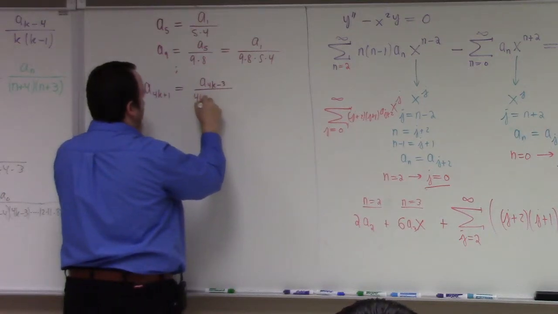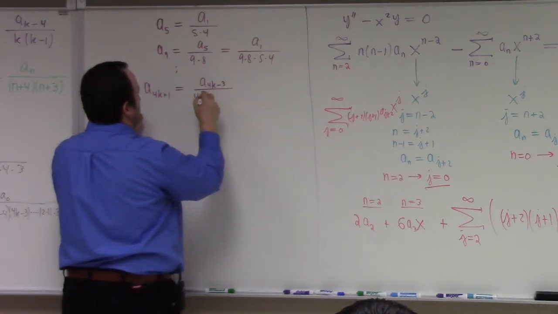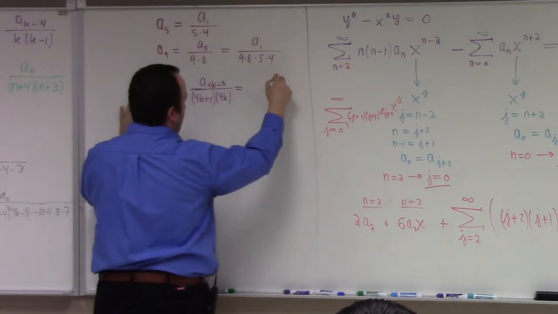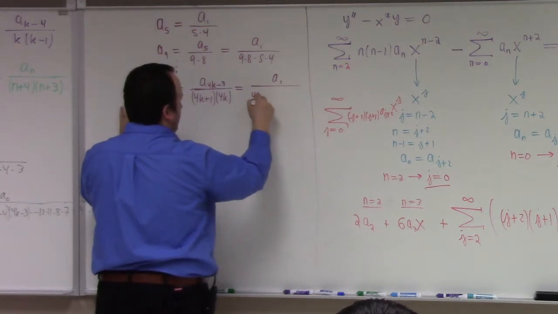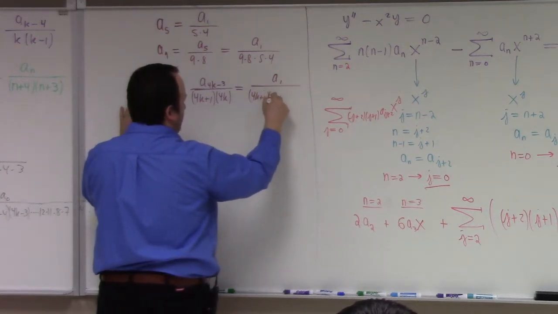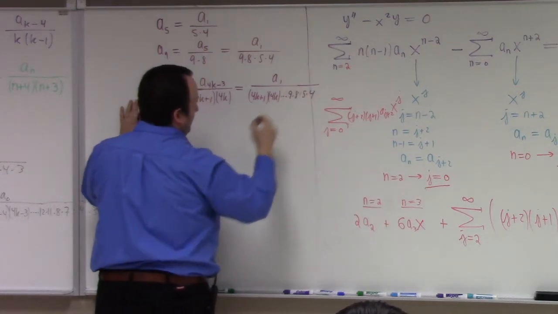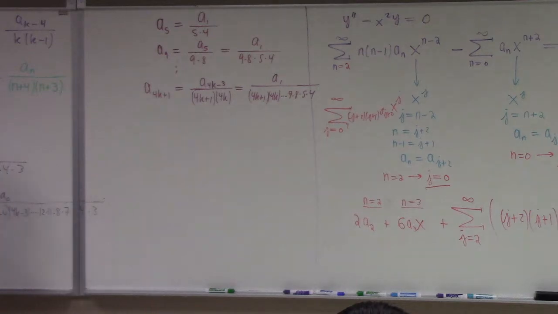So we got 4k plus 1 down here times 4k, right? Which is going to be a sub 1 over 4k plus 1 times 4k, times 9 times 8 times 5 times 4. There's what your arbitrary coefficient looks like. You can follow the pattern, go as far out as you want.